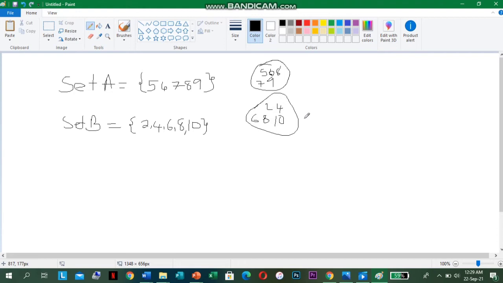This is the set A Venn diagram. This is the set B Venn diagram. Now I just want to show you a representation of the Venn diagram. These two right here are Venn diagrams, and set A is represented in this Venn diagram, and set B is represented in this Venn diagram right here.